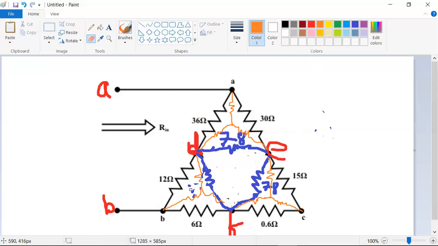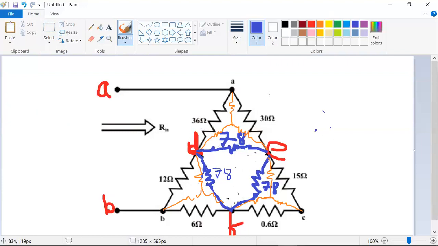Let me remove this disturbance. The value will be this, 78. Let me rewrite that value. This value is 78. Right. Let me convert these three deltas to star.